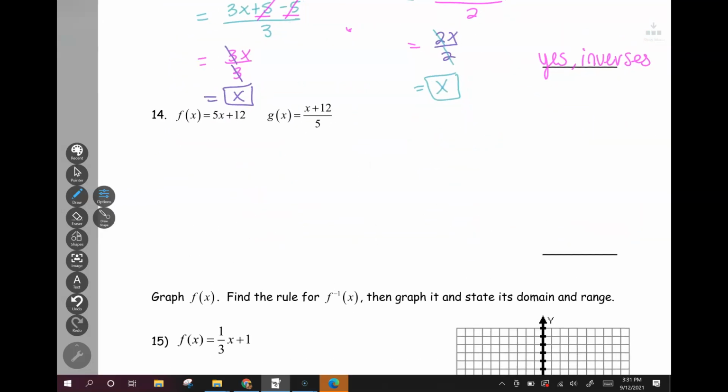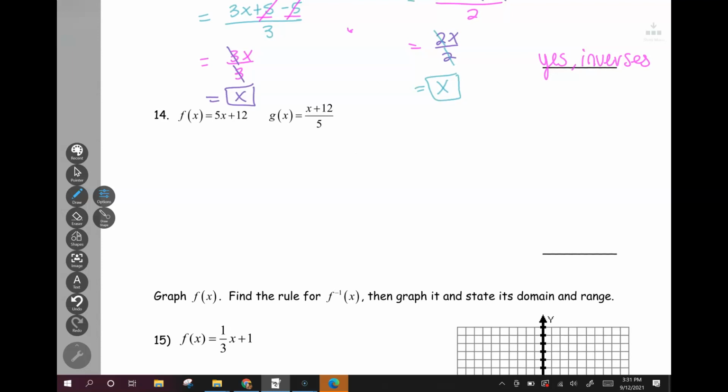Let's see what happens on 14. So first we're going to start with f of g of x. So start with your function f, leave some parentheses where the x goes. And now I'm going to plug in g, which is x plus 12 over 5. Okay, 5 divided by 5 cancels. Things are looking good. Got two 12s.